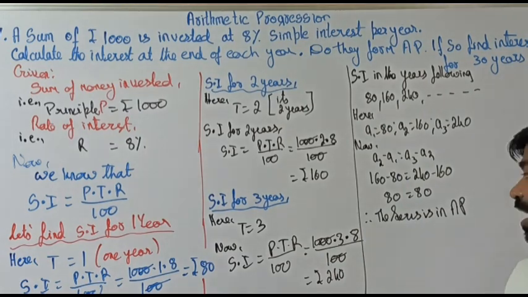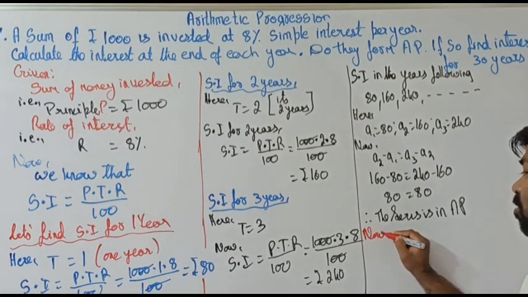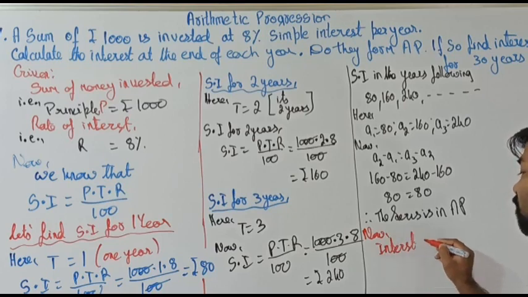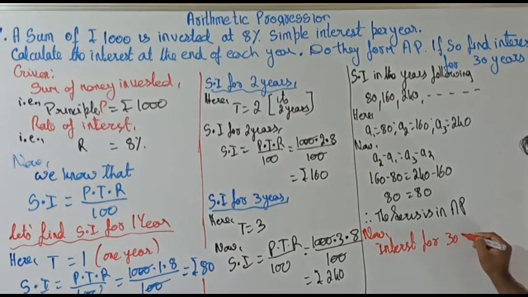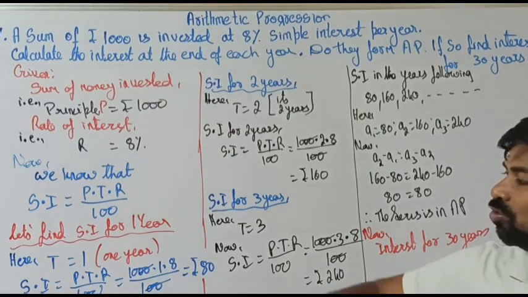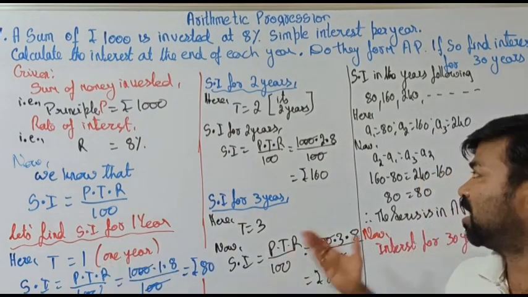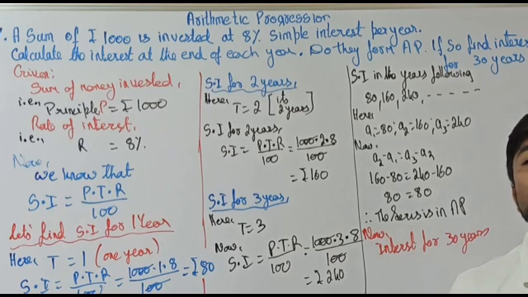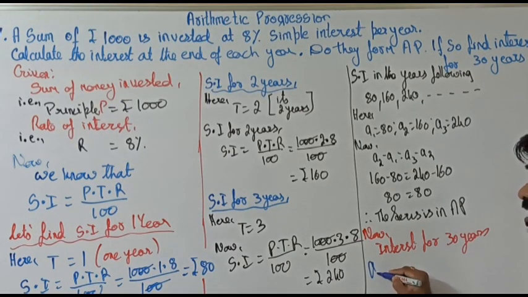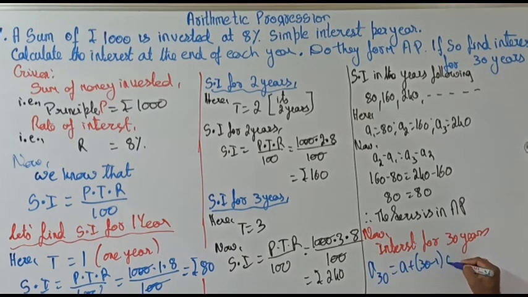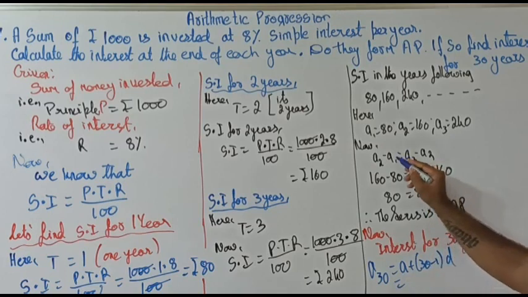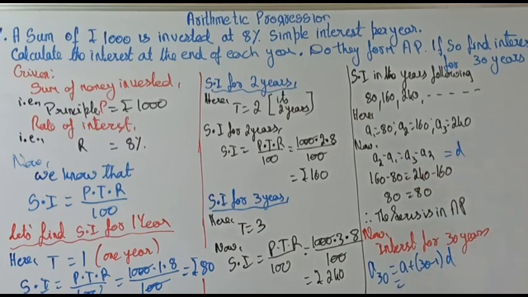Now let's calculate the interest for 30 years. Now we are not going with the formula PTR by 100. Since we have seen that it is forming an AP series, we can straight away find A30, which is A plus 30 minus 1 into D. Here we are able to calculate the common difference as 80.